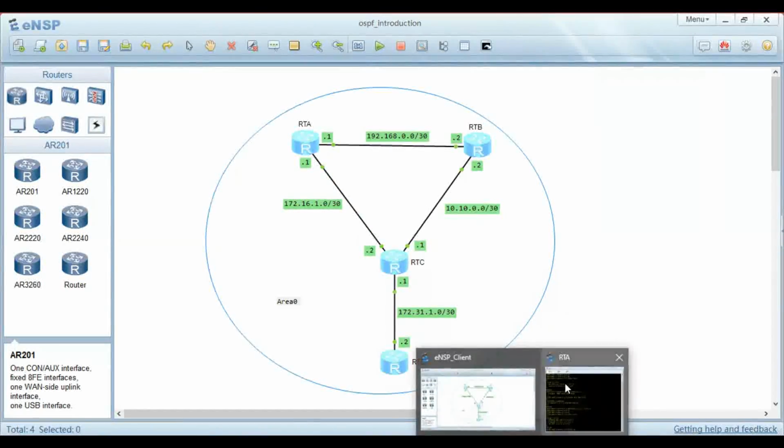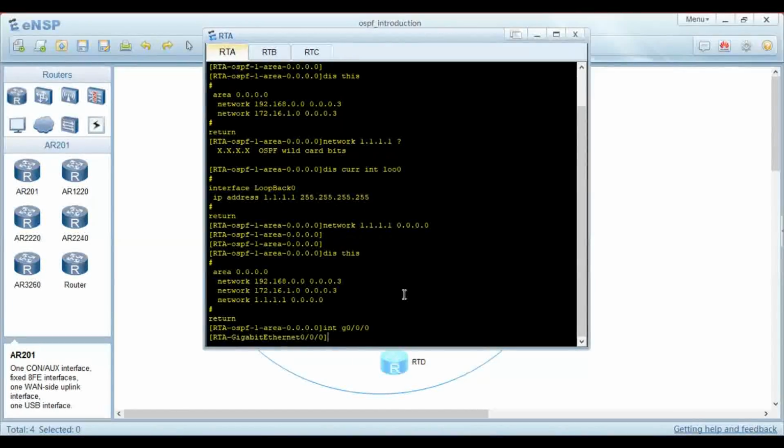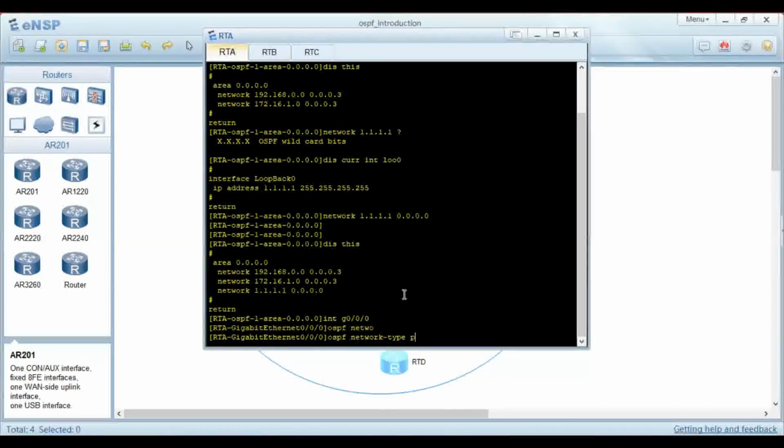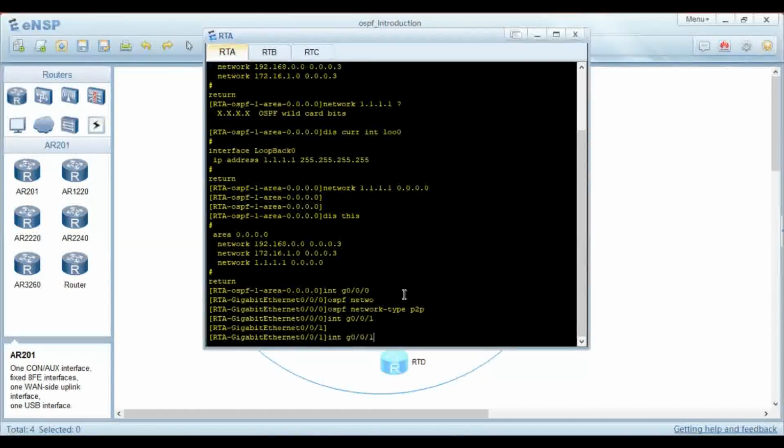So for such a kind of network where Ethernet is involved, it's good practice to use the command OSPF network type point-to-point. We'll talk about it later. For now, we just configure it.